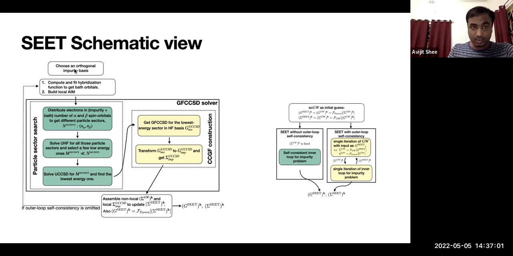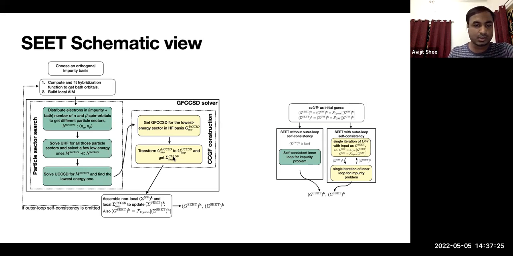Then we construct the self-energy using a Dyson equation, assemble various parts of the self-energy to get the total self-energy, and feed it into the self-energy embedding loop, which I will not go into again.